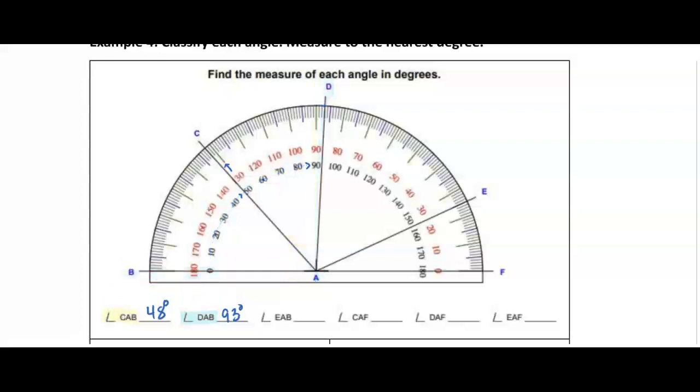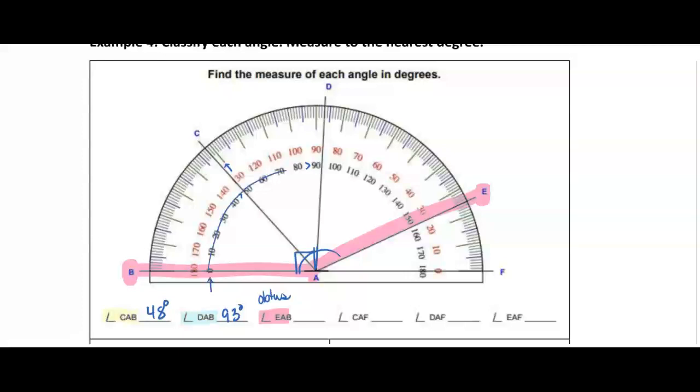Right? Go ahead and try EAB. That is EAB. Okay, first we see that this is obtuse. It's way larger than a right angle. And I'm lined up on the black on this ray.